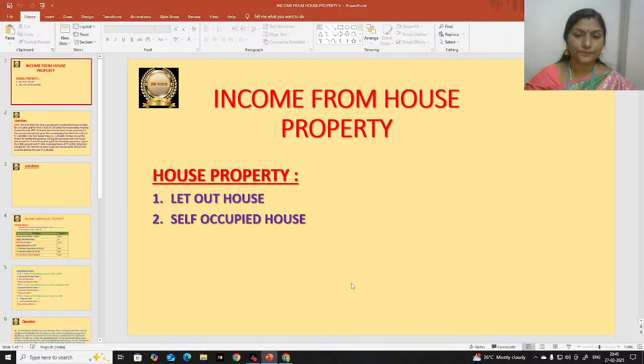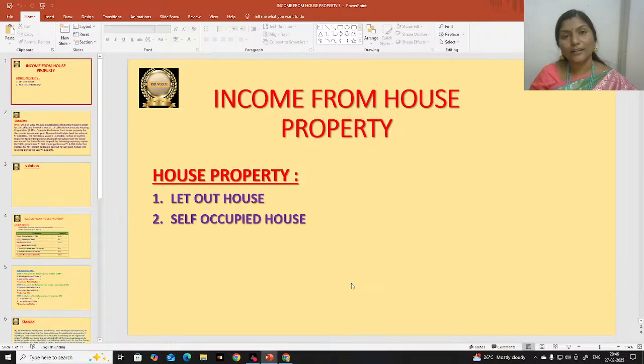The assessee may have his own house that is given on rental basis; we call it a let out house. And if the assessee stays in his own house, we call it a self-occupied house.